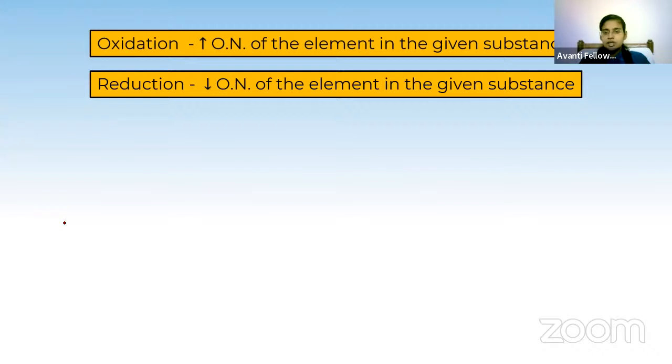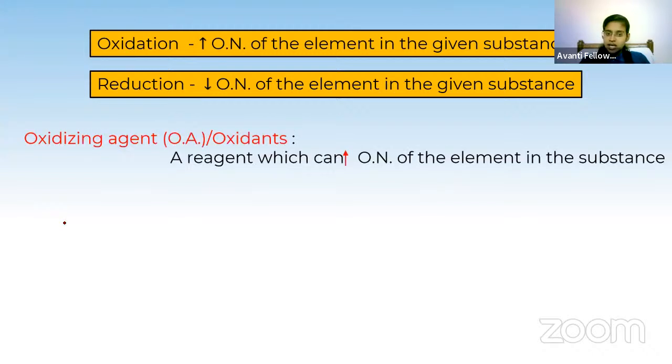Before that, I would like to define 2 more terms which are very important. The very first term is oxidizing agent, otherwise called oxidant. An oxidizing agent is a reagent which can increase the oxidation number of the element in a substance.